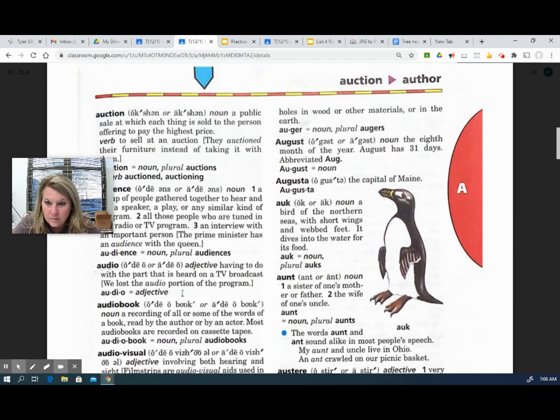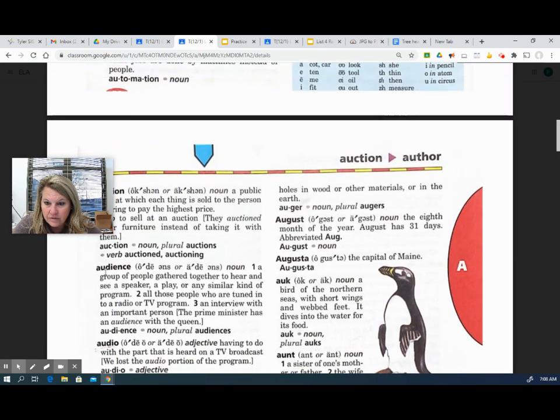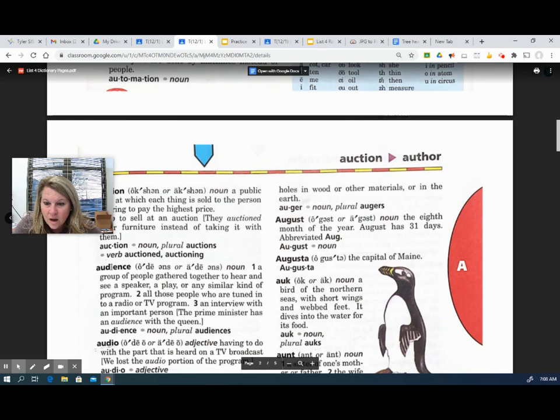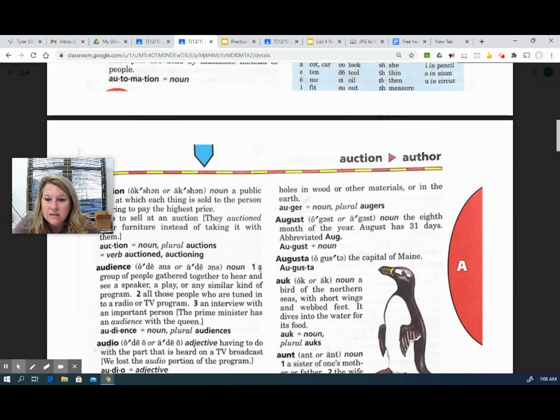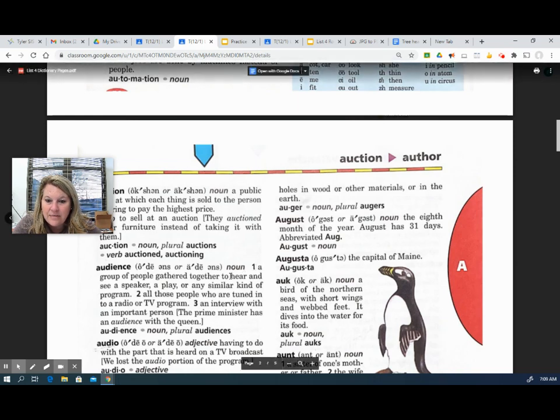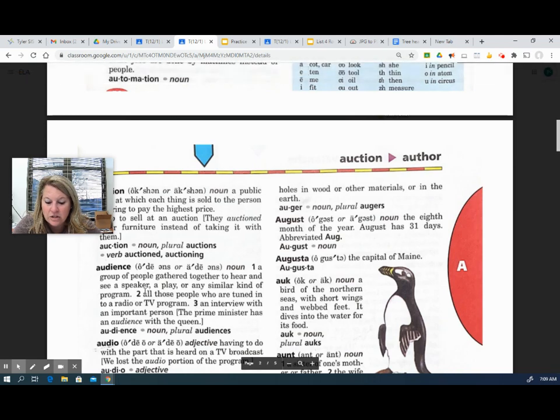I am going to start with this word right here, audience. It's got a UDI, and its definition is a group of people gathered together to hear and see a speaker, play, or a similar kind of program. And then you can see that it also has some other definitions here.